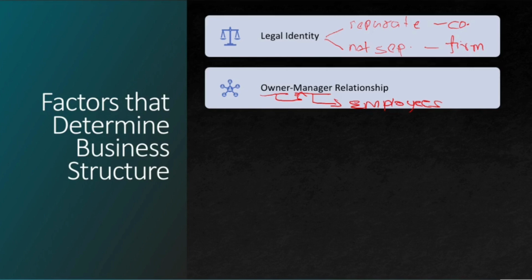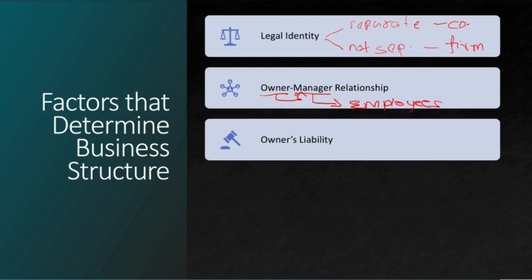The third is owner's liability. There are different legal liabilities for the owner of the business depending on the structure of the businesses. For example, in businesses with unlimited liabilities, the owner is liable for the actions and debt taken by the business, whereas in businesses with limited liabilities, the owner's responsibility is limited to the capital contribution.